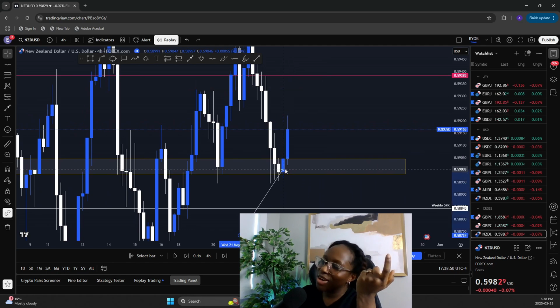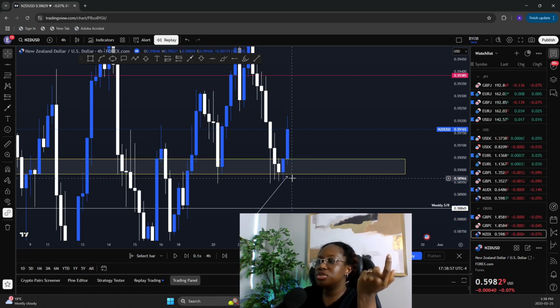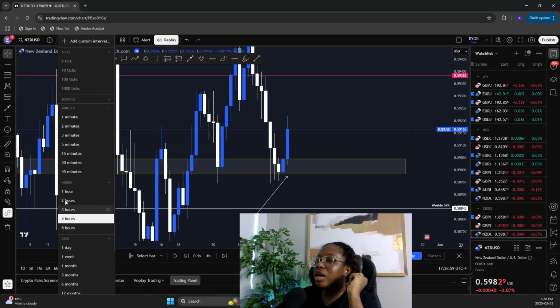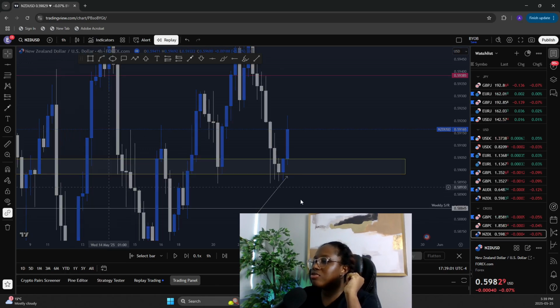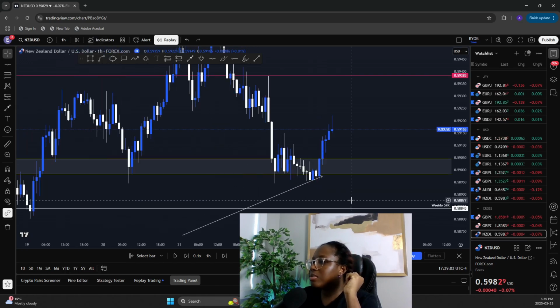Okay, if you play the next candle, you would see we have our nice bullish engulfing candle, and this was enough entry confirmation. However, I did get my own entry on, I believe, the 1-hour time frame.